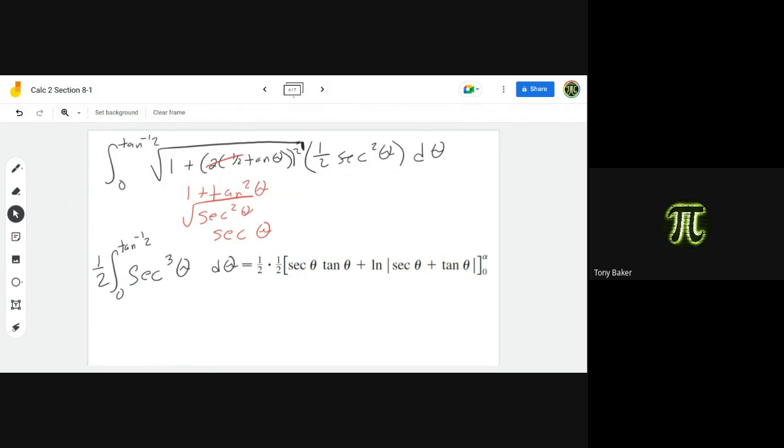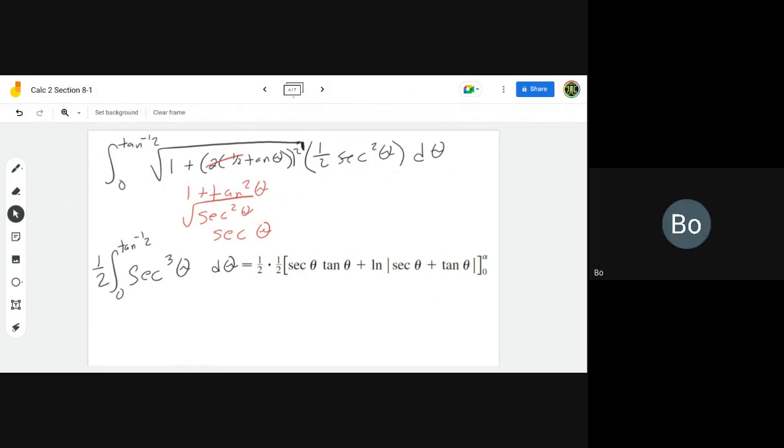So that saves you some time. In this case, what it saved us was the trig integration steps, where you change secant to 1 plus tangent squared and then do integration by parts. So it saved us a bunch of extra steps.